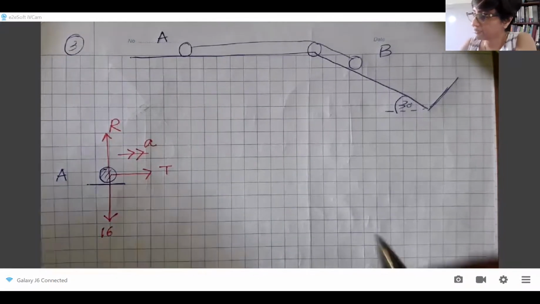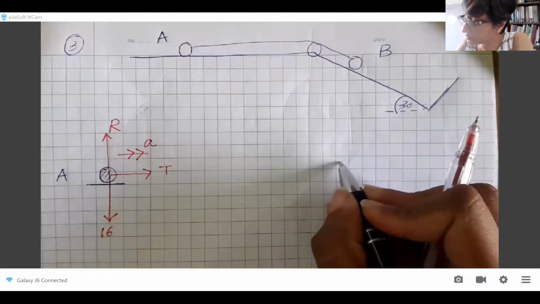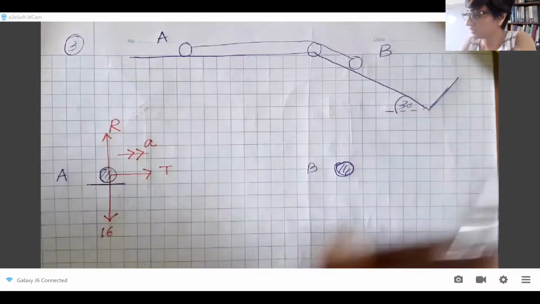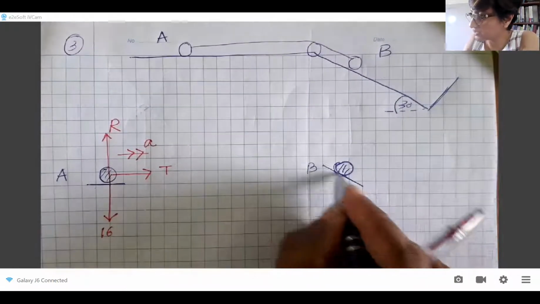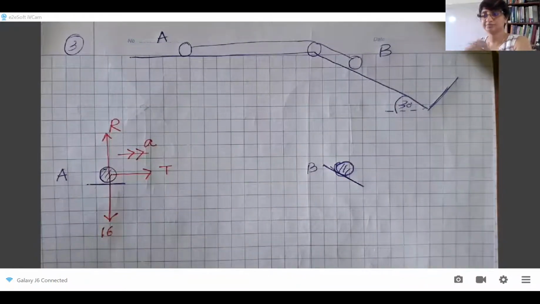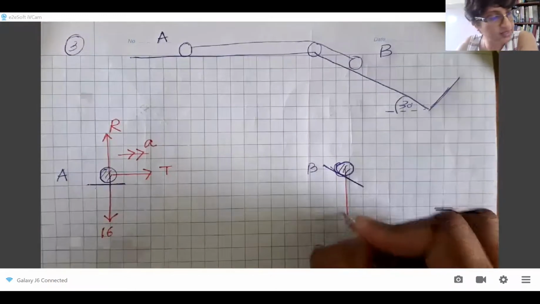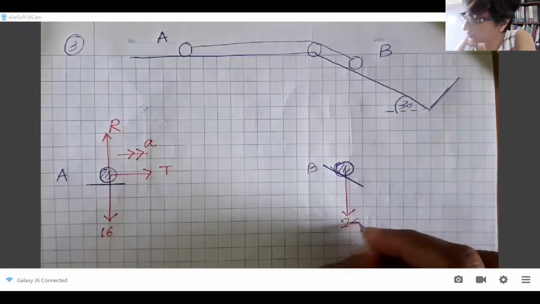Then the free body force diagram for B. Here's B. I will just draw part of the floor, the surface, just so that I know. Okay, Malit, so again, you start with the weight, 24.